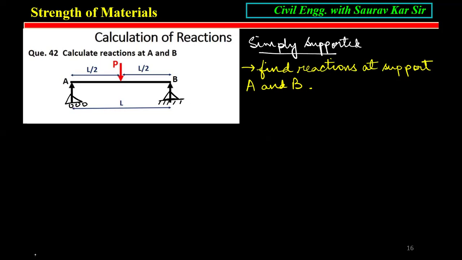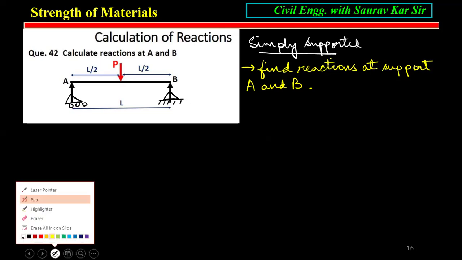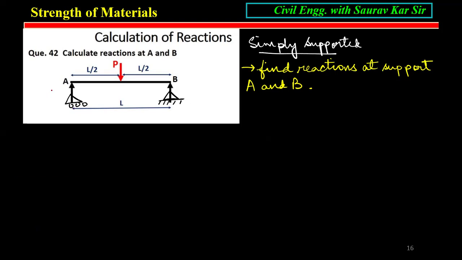Okay. So here also RA and RB. Now, since in this case both are similar, if you see here, the point load is at L by 2, so it is symmetrical. So it is a symmetrical simply supported beam.